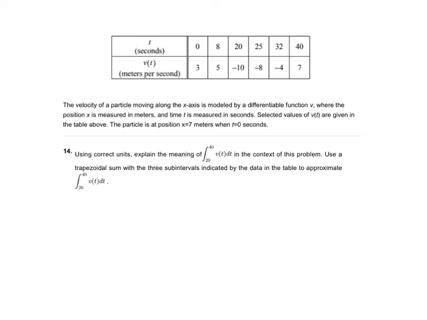Okay, let's do that first. The meaning of that integral: if you do an integral of velocity, that's going to be the change in position. And so that's what this is. So this integral from 20 to 40 is the change in position.